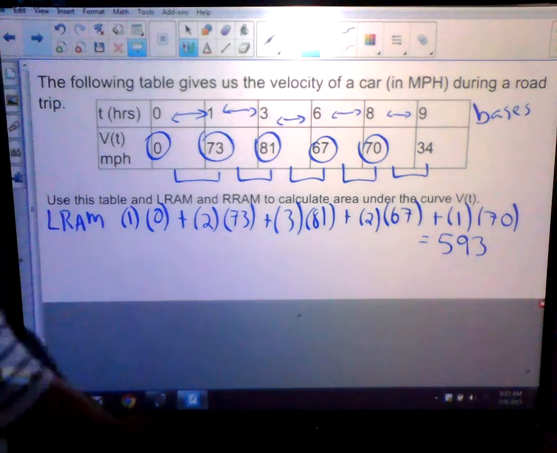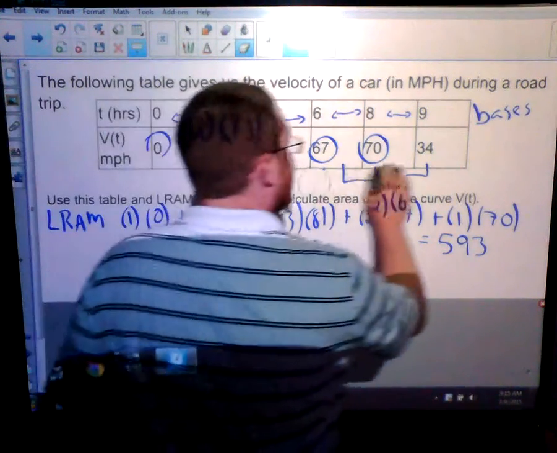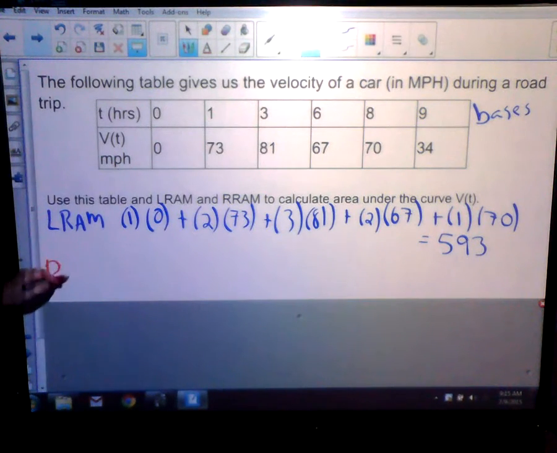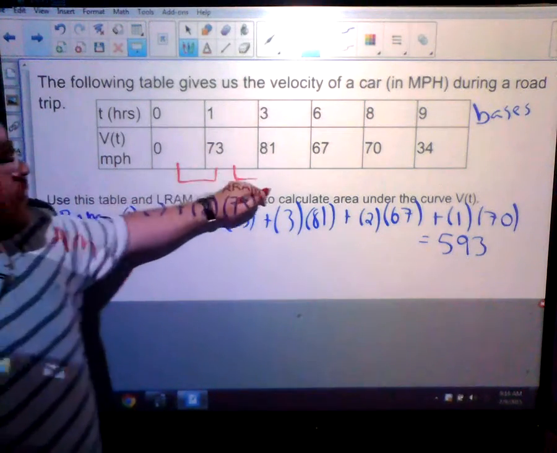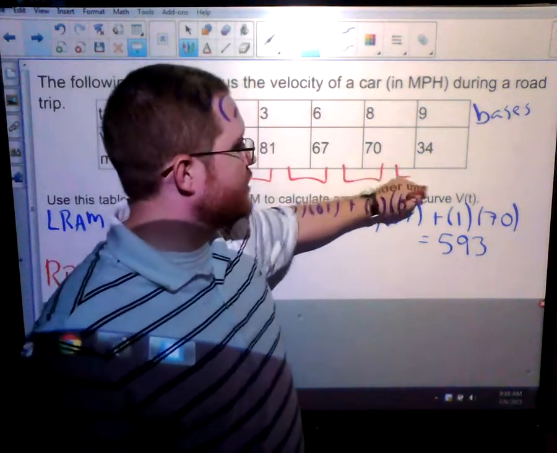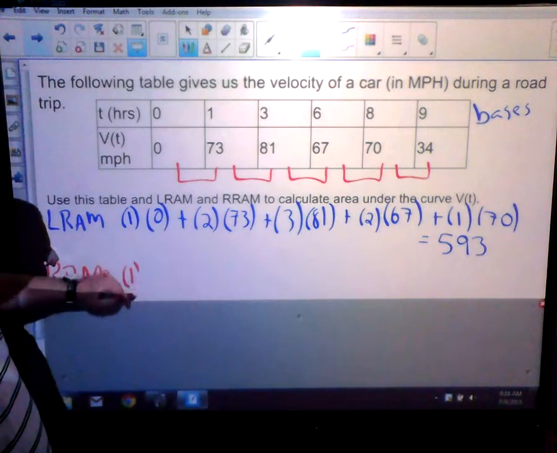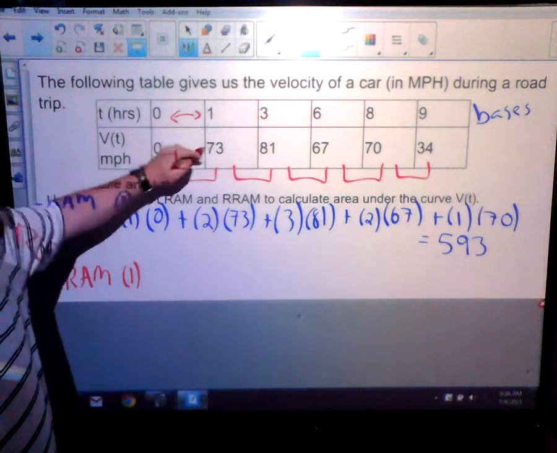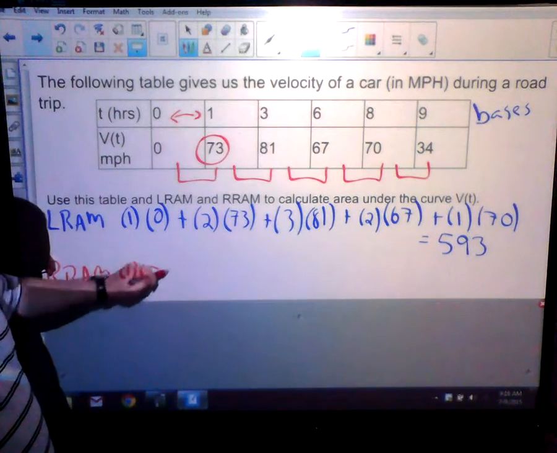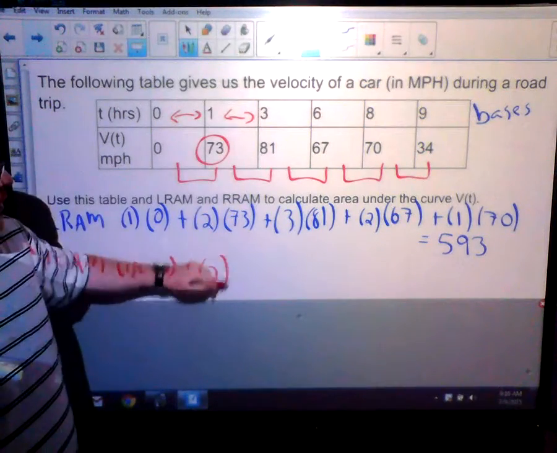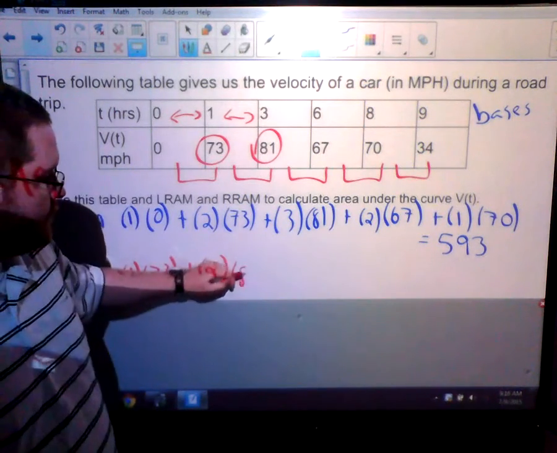Now let's do the same problem, but let's not use LRAM, let's use RRAM. Will the bases change? No. The width of the bases, the x values, are going to stay the same. But what does change is the heights. So this first base is 1, but I'm going to use 73. The next base is 2, but I'm going to use 81.